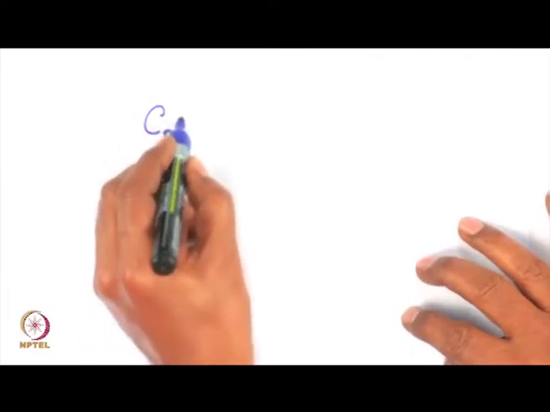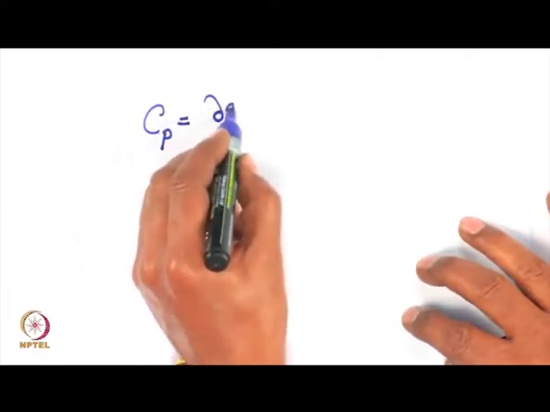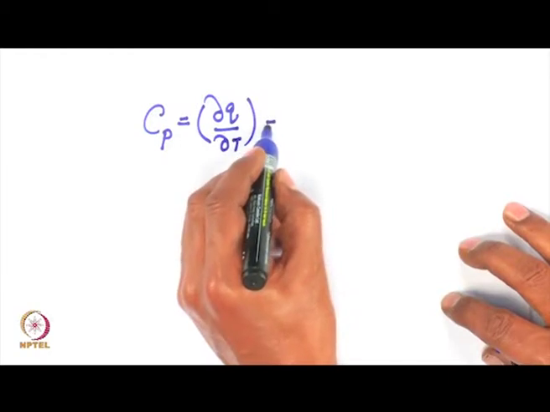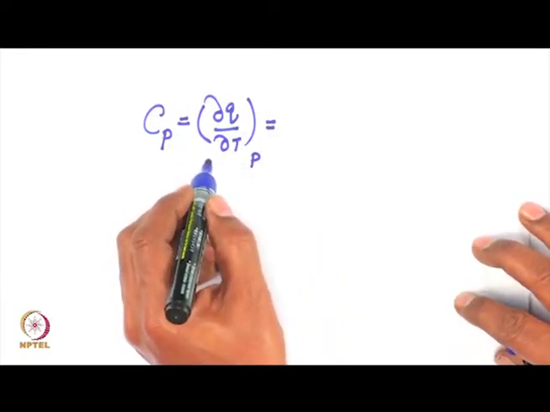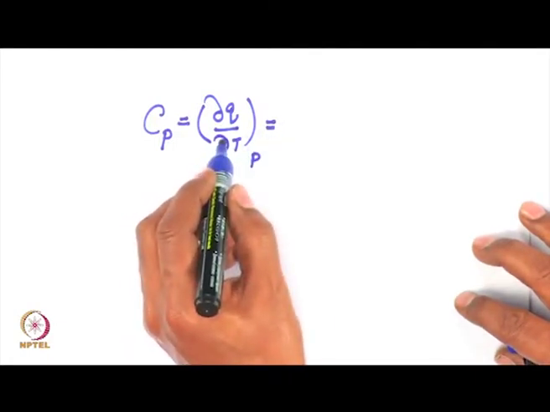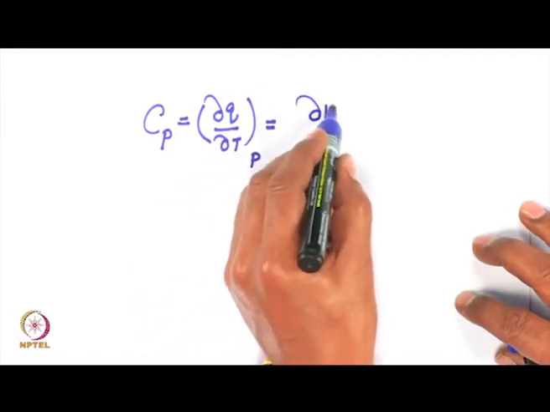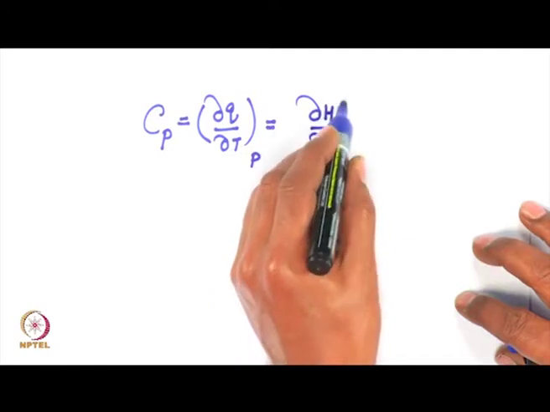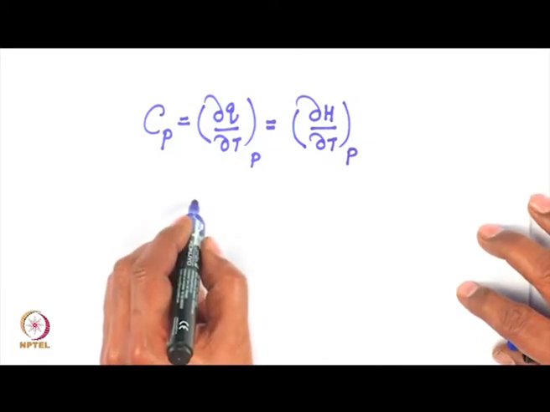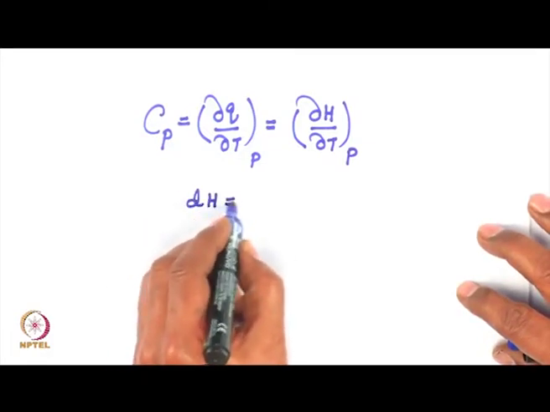And how do we define it? Cp, the heat capacity at constant pressure, is equal to dou q by dou T at constant pressure, and since we just discussed that heat at constant pressure is equal to the change in enthalpy, I will write this as dou H by dou T at constant pressure. Writing this in another form, dH is equal to Cp dT.